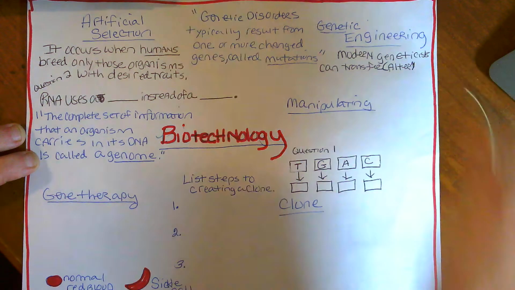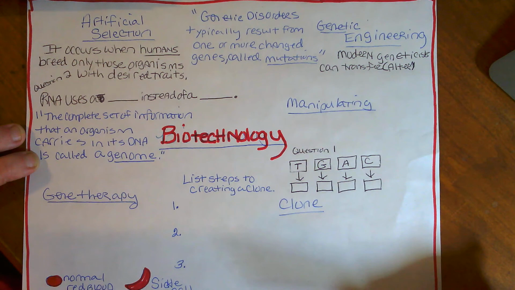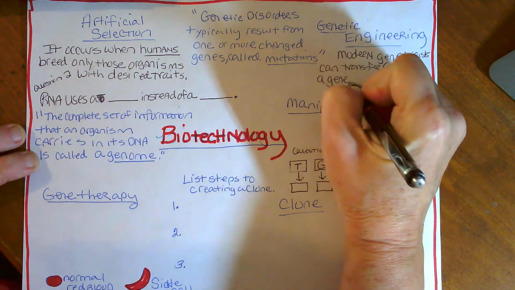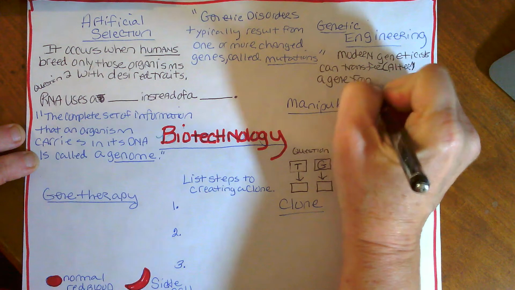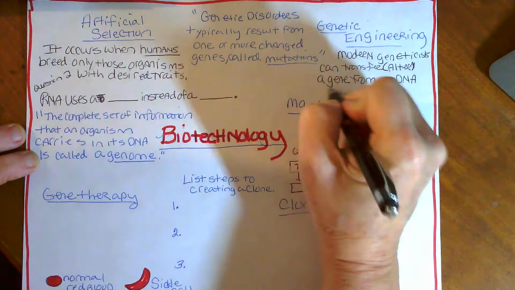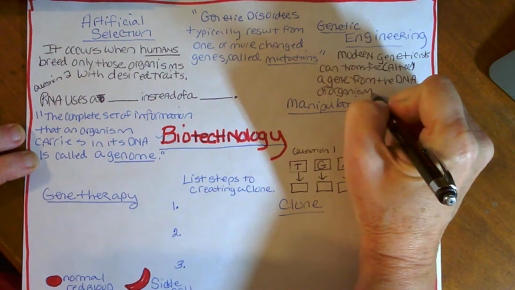I was talking to some of the boys last week. I said, what's the difference between genetic engineering and cloning? And the difference is cloning is copying. Genetic engineering is altering something. So modern geneticists can transfer or alter a gene from the DNA of one organism into another.